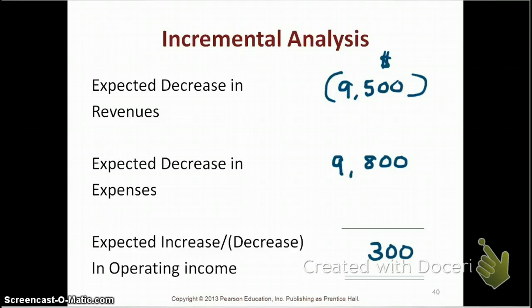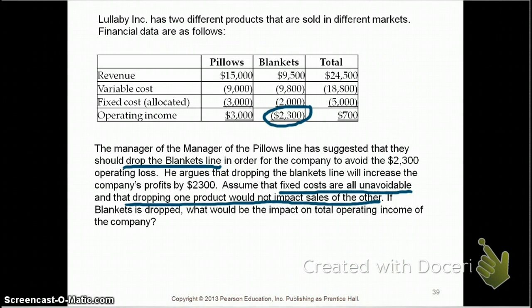So our decision would be we should drop the blankets line. Now going back to the data, it showed us that the blankets line had a net loss of $2,300, but in our incremental analysis, we calculated that if we dropped the blankets line, we would not save that entire $2,300. We would only save $300.